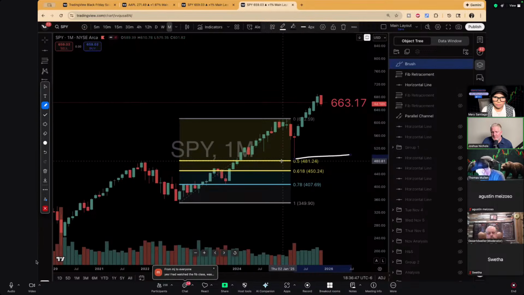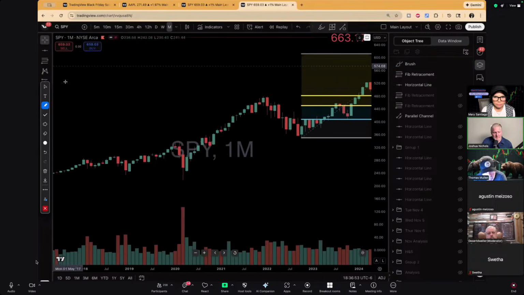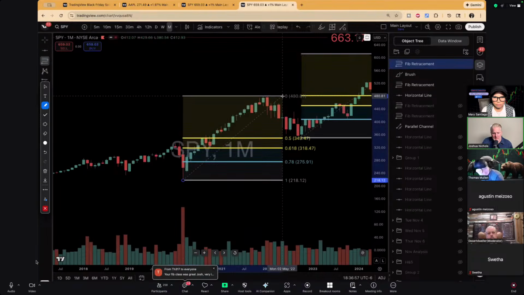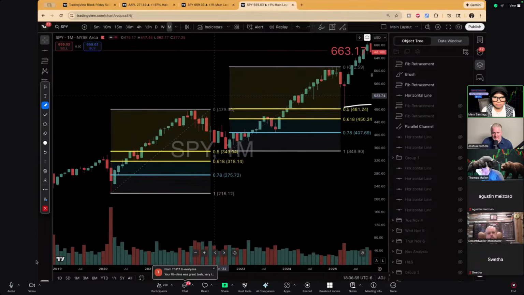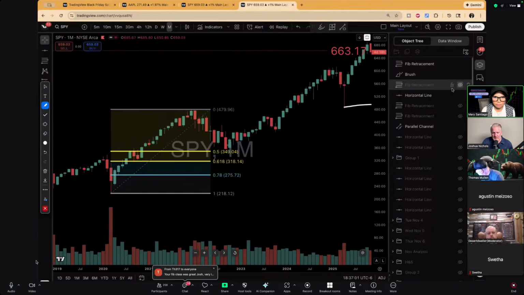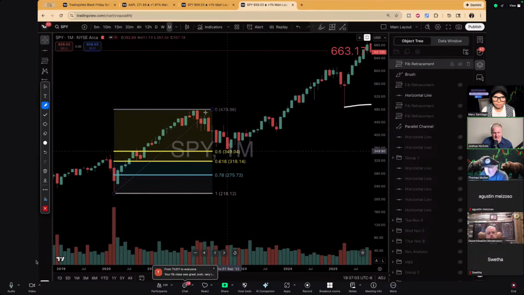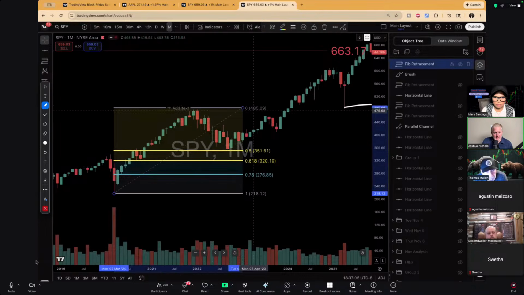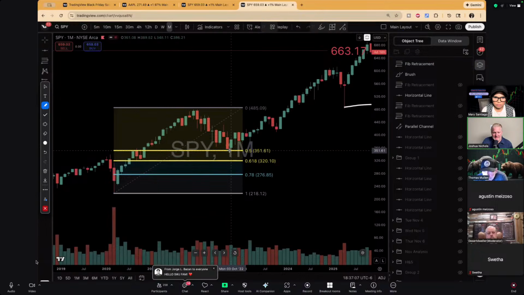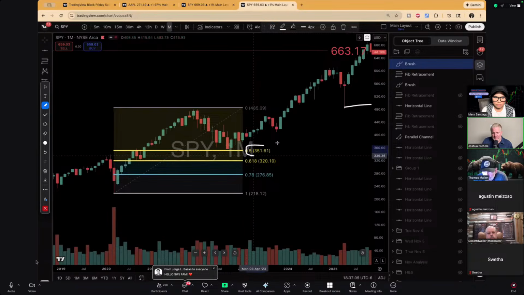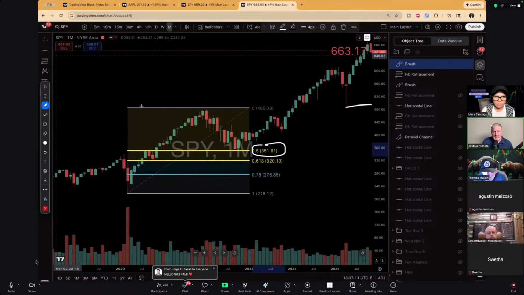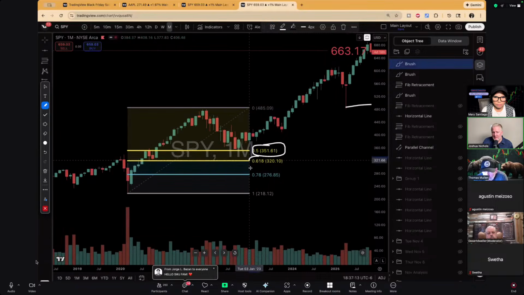The zone between 0.5 and 0.618 is called the golden zone. And then we go back here. 50% again. Exactly. So let's turn off this one. And amazingly, right here, where did it bounce again? Exactly on the 0.5.